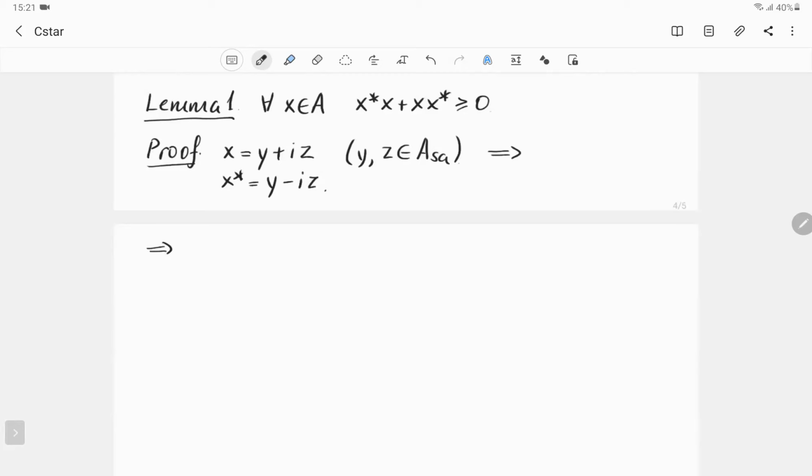So x star x is, what is this? This is y squared plus z squared plus i multiplied by (yz minus zy). And similarly, x x star equals y squared plus z squared plus i multiplied by (zy minus yz).